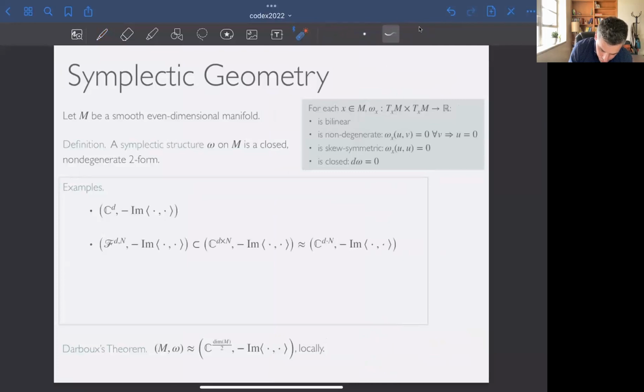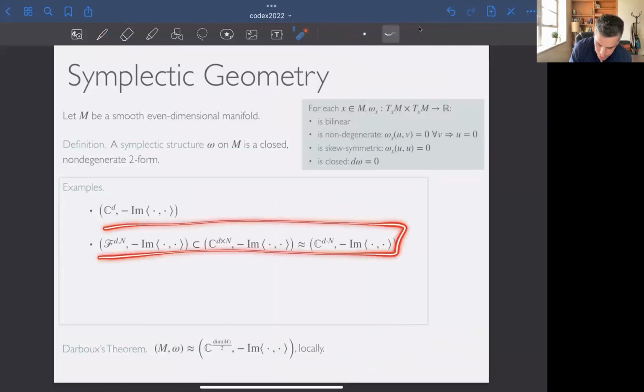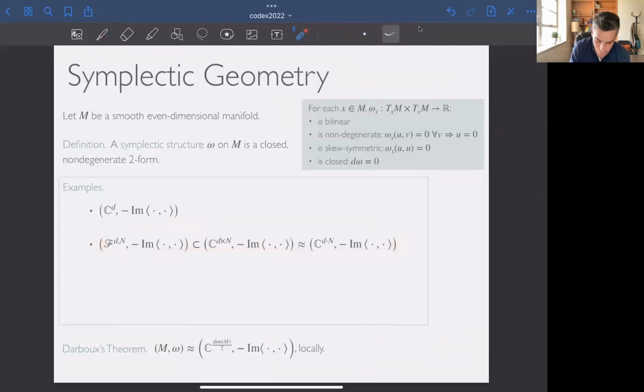Okay, but just to give you some more examples, frame space. All right, so we're tying this back to frames. We said that frame space is an open subset or an open submanifold of this vector space, which of course is equivalent to C to the D times N, say, so that I can pull back the standard symplectic structure from there, and I get a symplectic structure on frame space. A kind of compact example is S2 with signed area.